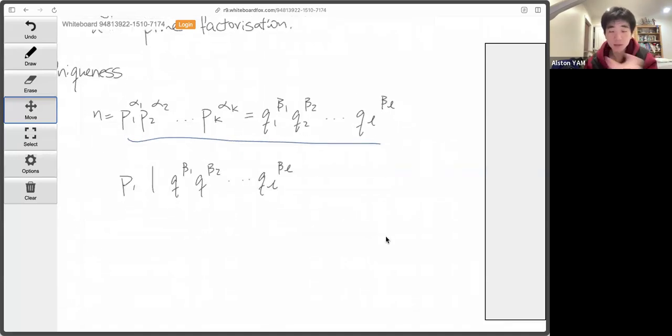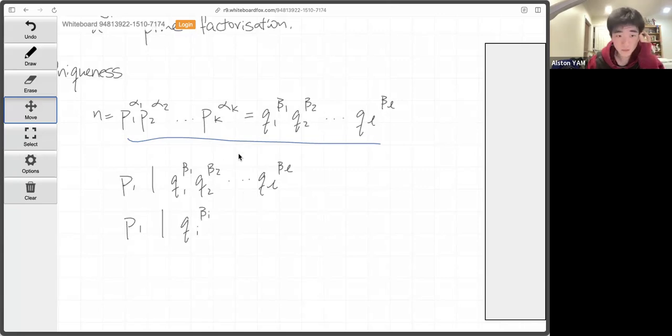That means p1 must divide into one of the qs. It can't divide into two of the qs, because the qs are different primes. So it must divide into exactly one of the qs.